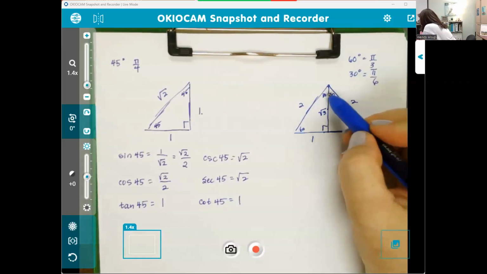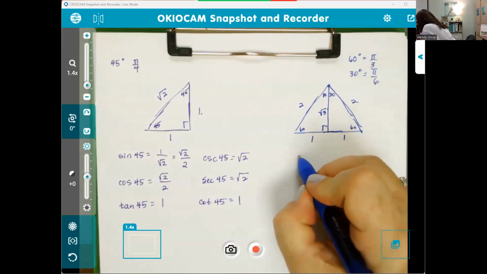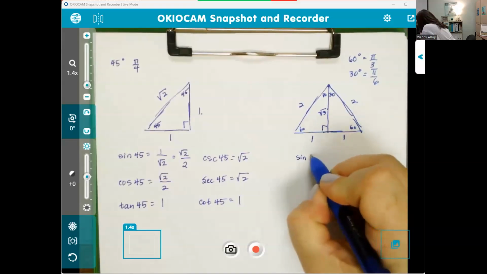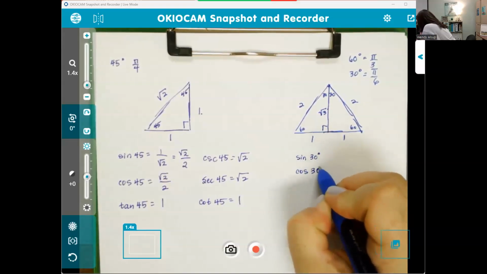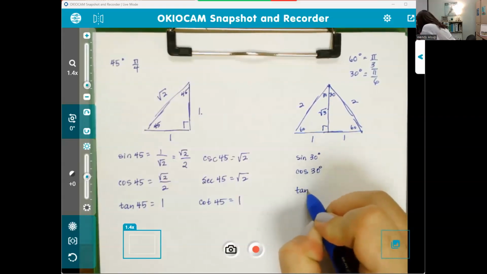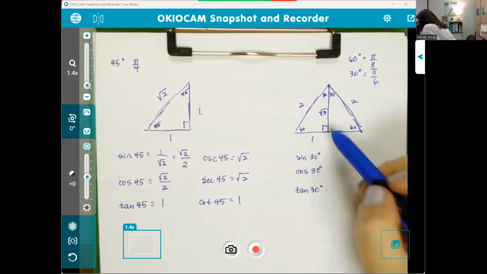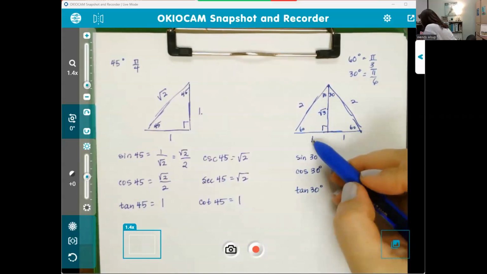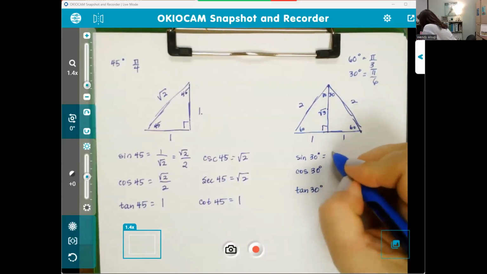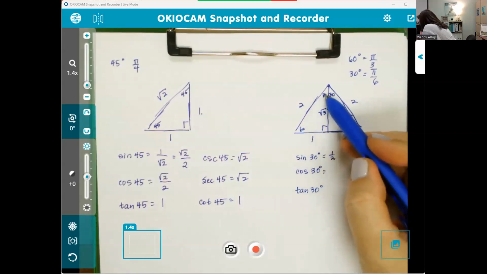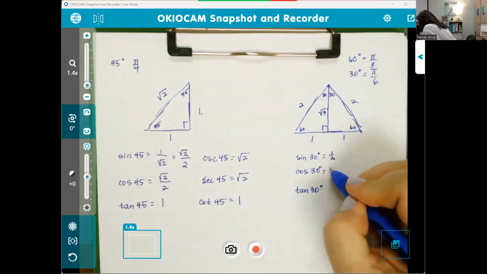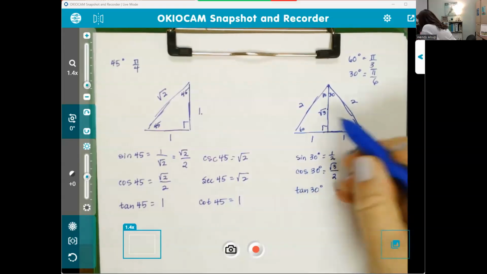And now we can use one or the other sides to come up with the sine of 30, cosine of 30, tangent of 30. All right, let's do 30. Opposite over the hypotenuse, so the sine of 30 is 1/2. Adjacent over the hypotenuse, so the cosine of 30 is root 3 over 2.